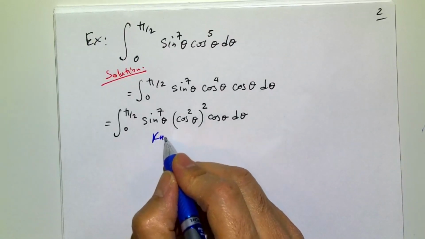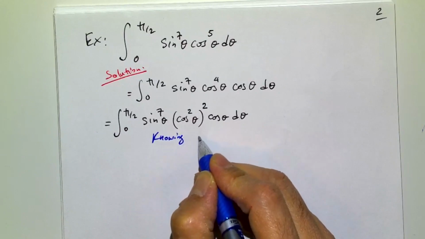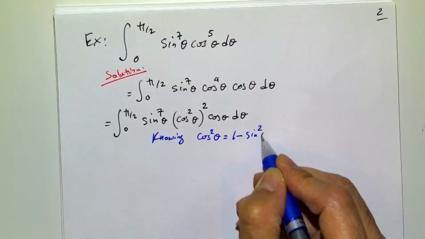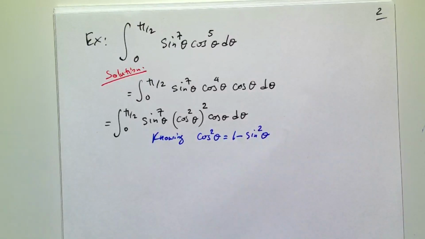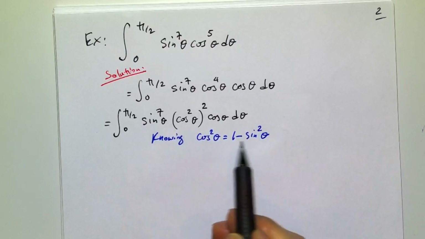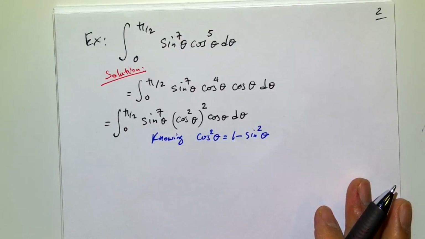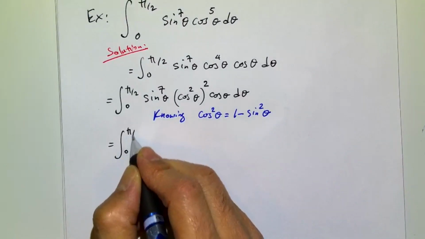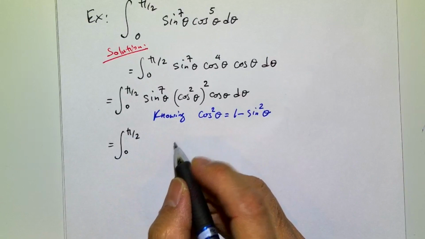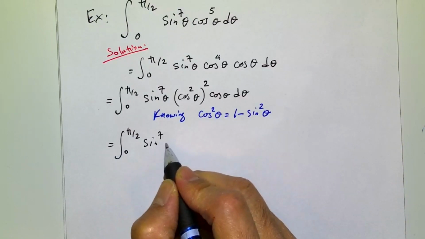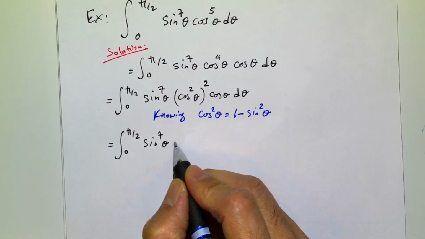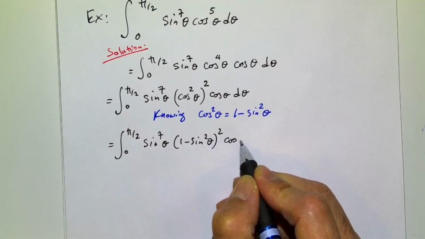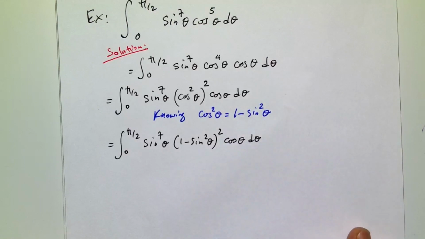So we can substitute 1 minus sine squared theta, and we have sine to the 7th power theta times 1 minus sine squared theta, squared, times cosine theta d theta.